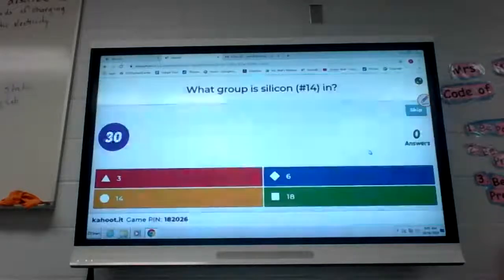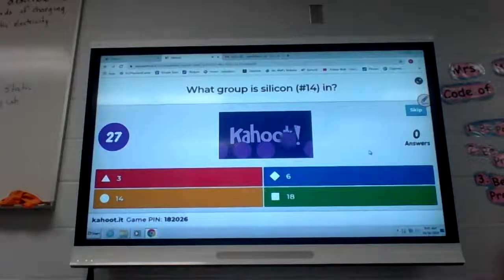The number 14 is the atomic number. Okay, anything I put in parentheses is the atomic number to make it easier for y'all to find it. Y'all can use your notes.